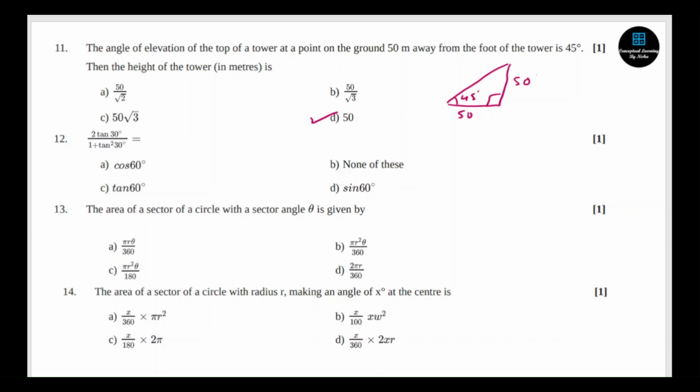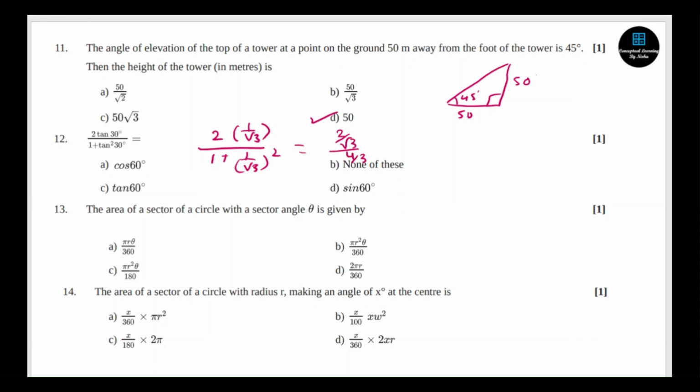Now 2 tan 30 degrees upon 1 plus tan square 30, you have to simply substitute the values and you can find the answer, correct? So tan 30 is 1 upon square root 3, so 2 times 1 upon square root 3 upon 1 plus 1 upon square root 3 whole square. Now you have to simplify this. So what do we get? 2 upon square root 3 upon 3 plus 1 over 3, which is 4 upon 3.